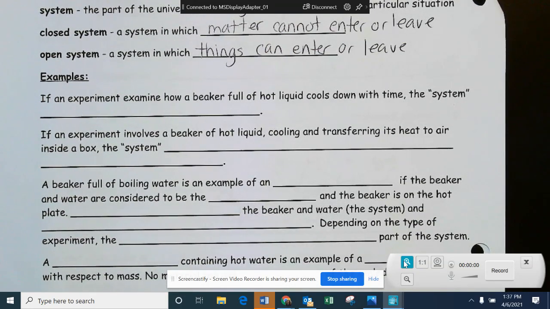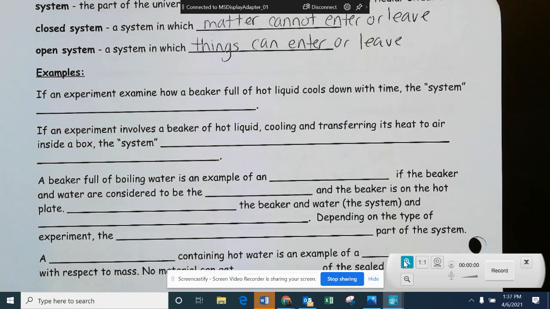Okay, so in an experiment, if an experiment examines how a beaker full of hot liquid cools down over time, the system is going to be the beaker and the contents of it.